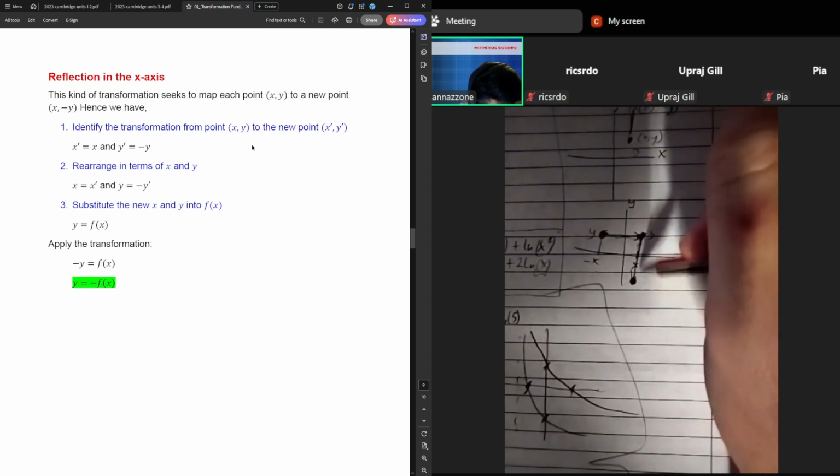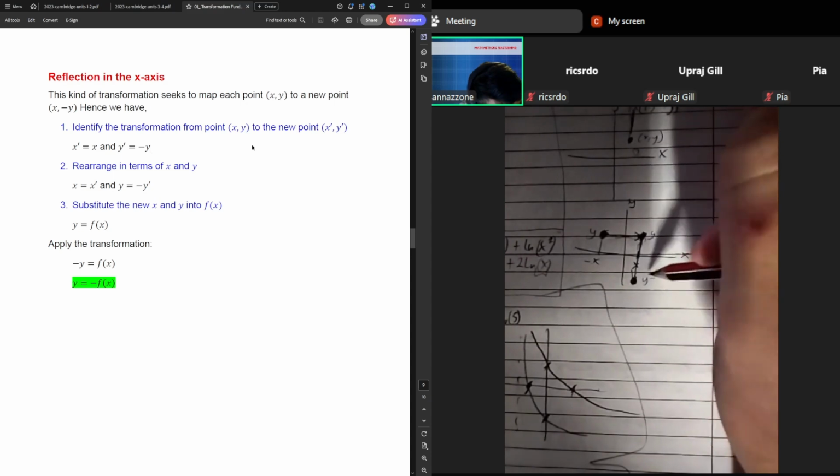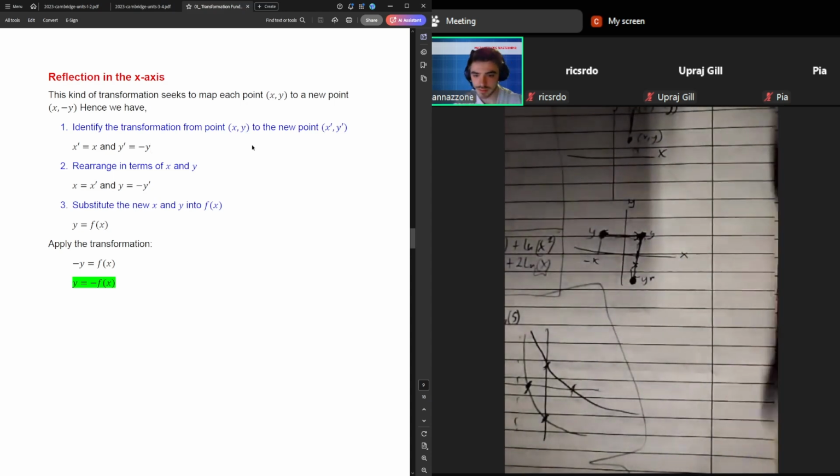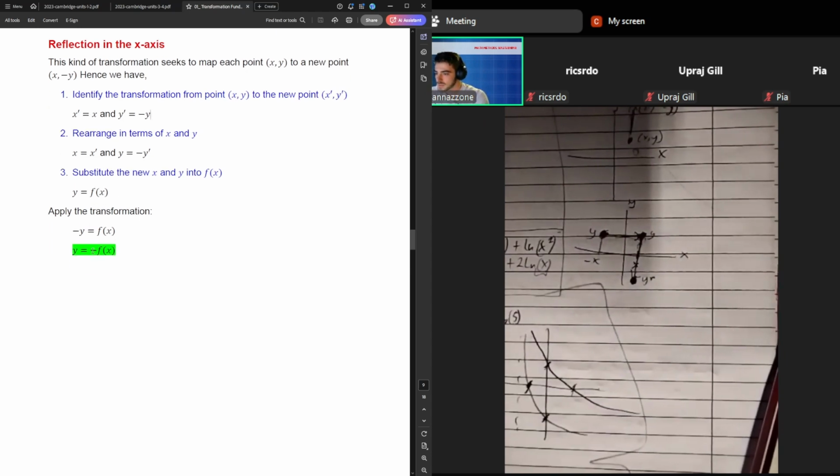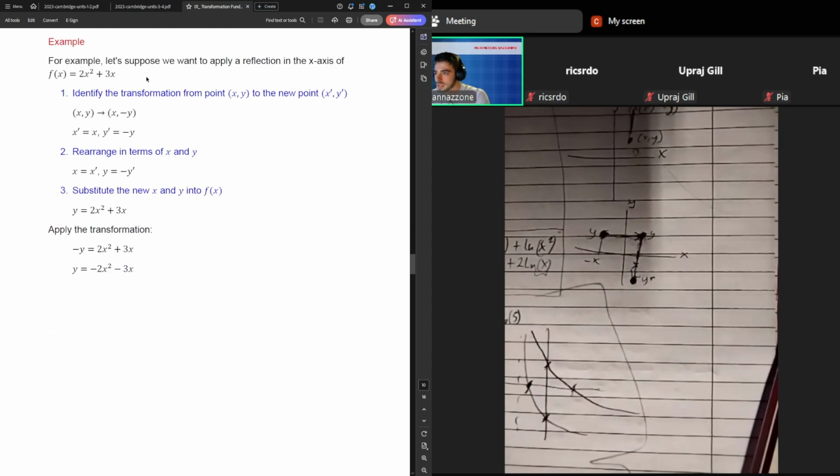Vertically speaking, x values have not changed, but the y has become negative in that spot. Hence the y gets the negative. As a function, that just means you have a negative on the entire function rather than just the x values of that function. So if you have 2x squared plus 3x, you're essentially just putting a negative sign on the entire 2x squared plus 3x and distributing through. So minor difference. This one, they were both negative.